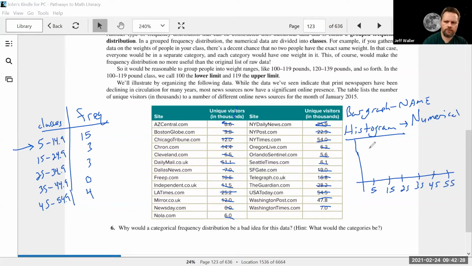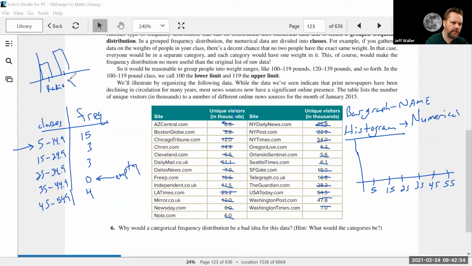Sorry. So okay. Bar graphs use name data. Histograms use numerical data. There cannot be a gap on a histogram unless you have an empty class. So on a bar graph, the bar graph we just did with the radio and all that kind of business, there were gaps because who cares?